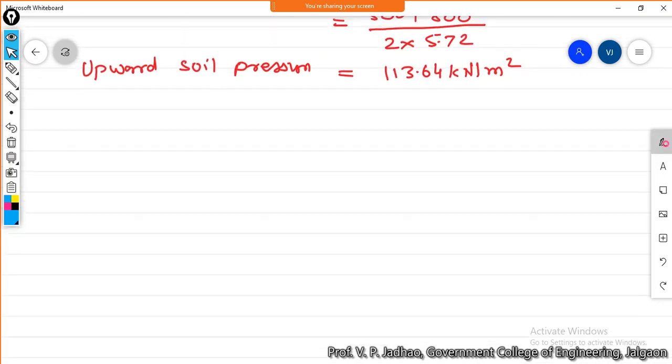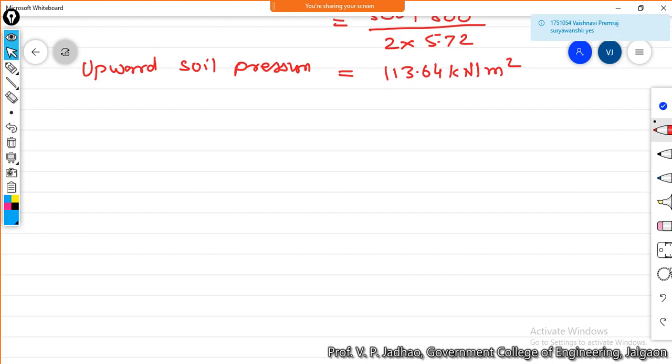So we have calculated the upward soil pressure. Now we have to calculate the factored soil pressure. What we have to do is just multiply this value with 1.5.